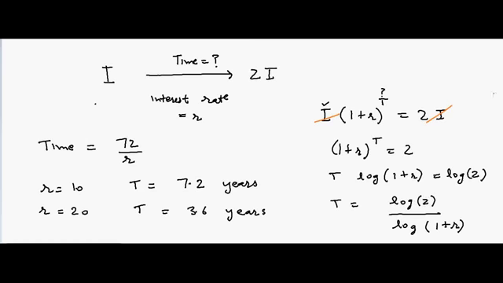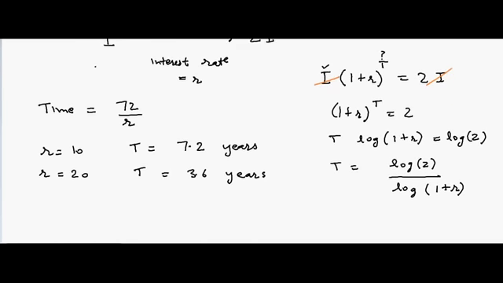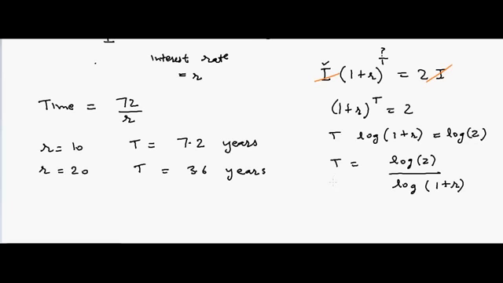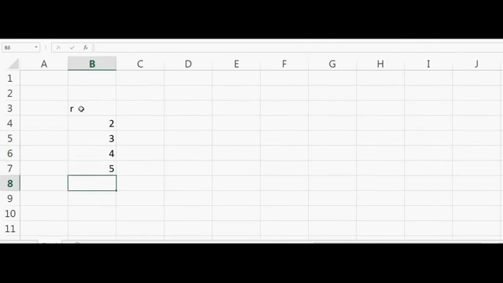Now let me go to Excel and try to solve this equation. Suppose we have R, and we start with 2, 3, 4, 5. This is the rate of interest. And then we have time.